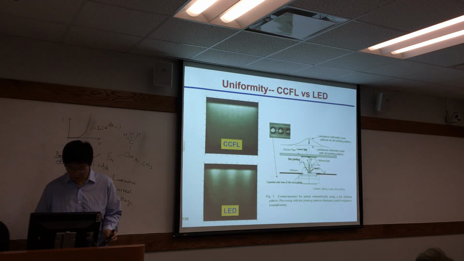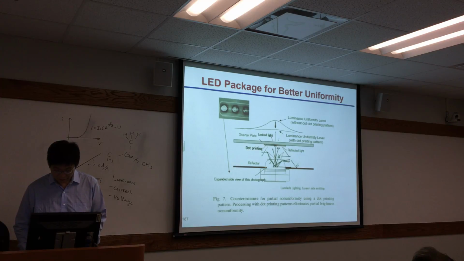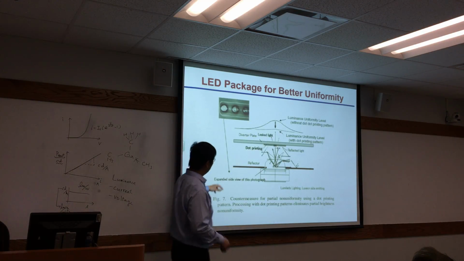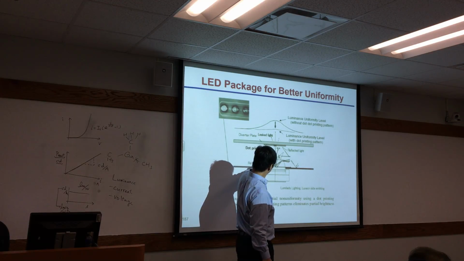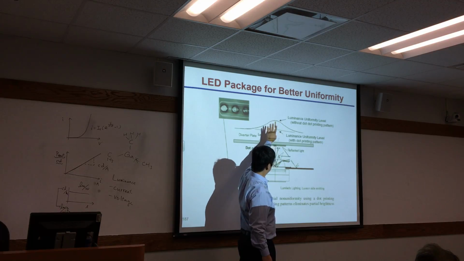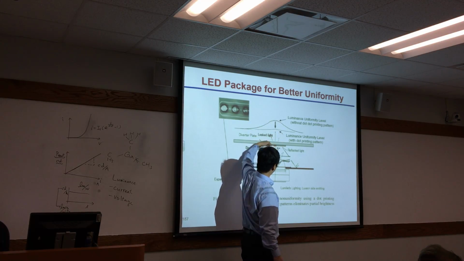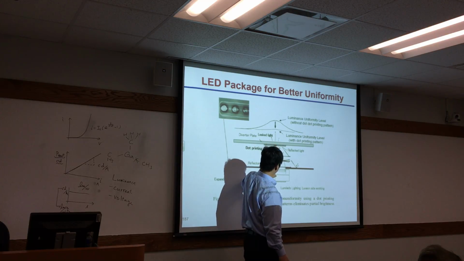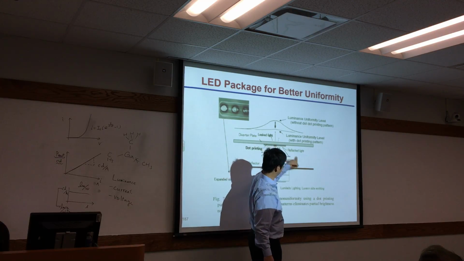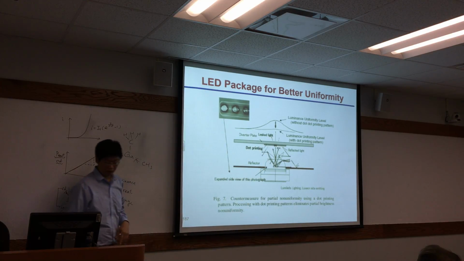So there are lots of optical design for this kind of application. For example, there's a design something like that, because if that LED directly goes out, you will see the intensity is stronger, so you have some shadow over here, reflector over here, and you have some special design to improve the waveguiding of the LED.